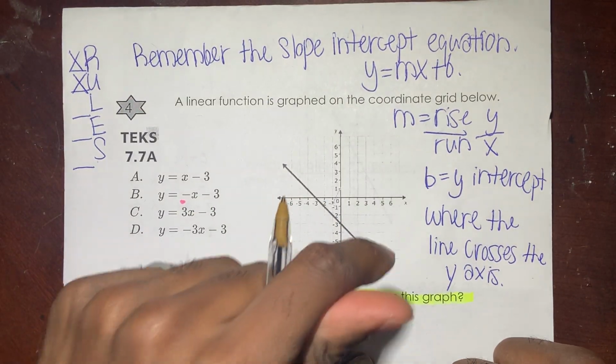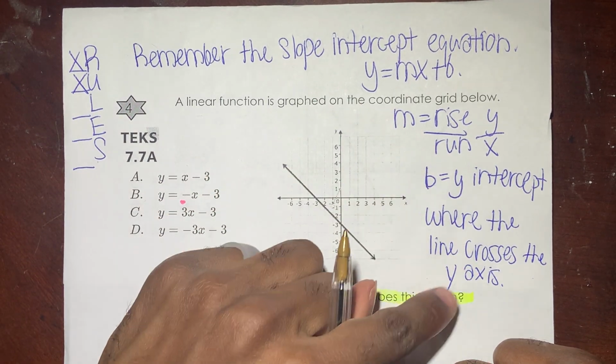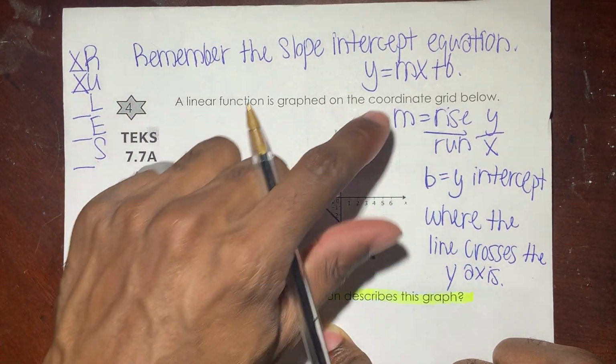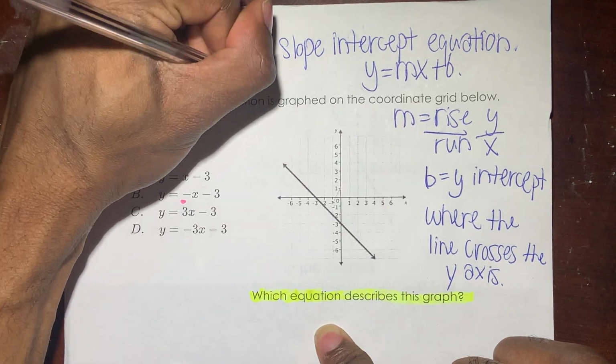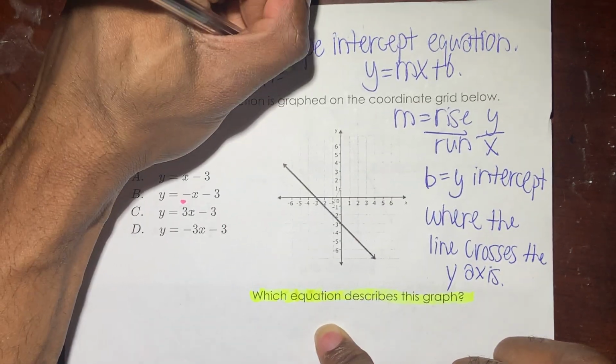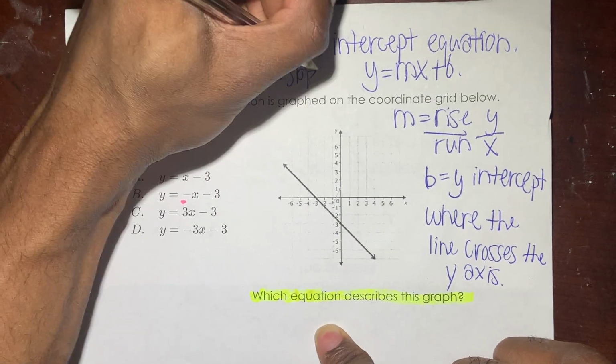So where the line crosses the y-axis is known as the y-intercept, and the slope m is the rise over the run. So m is equal to the slope.